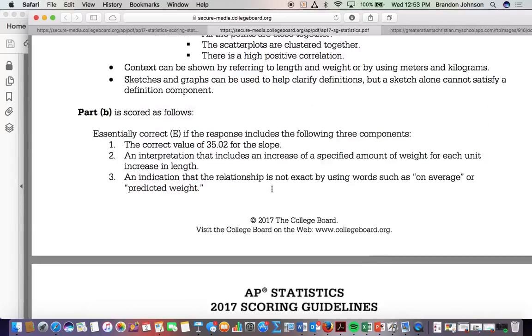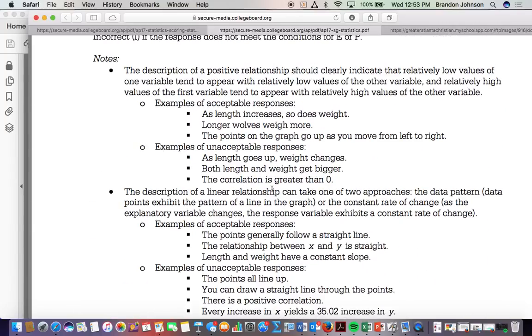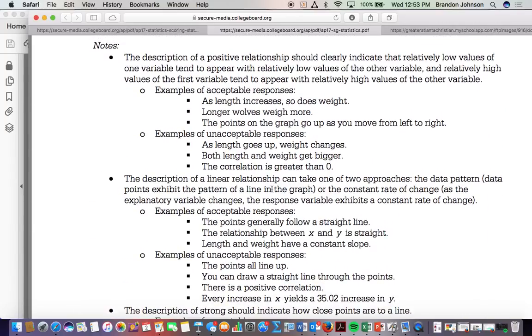35.02 times 1.4 minus 16.46. So the residual is negative 9.67. The residual is actual minus predicted.